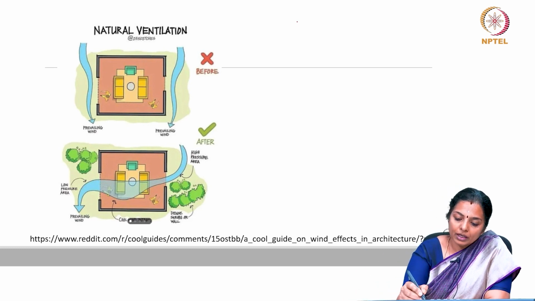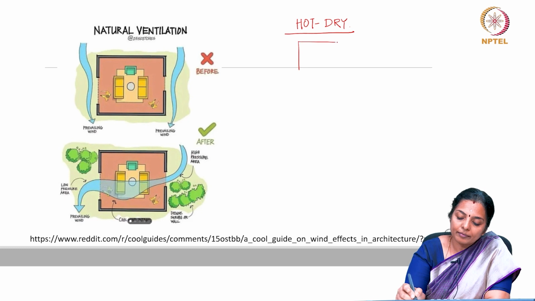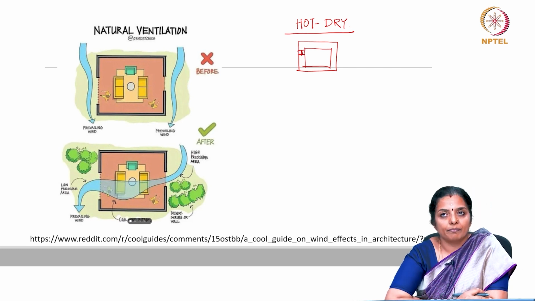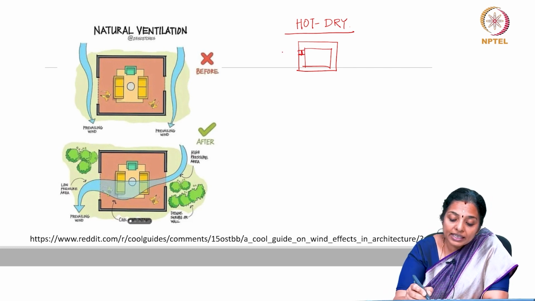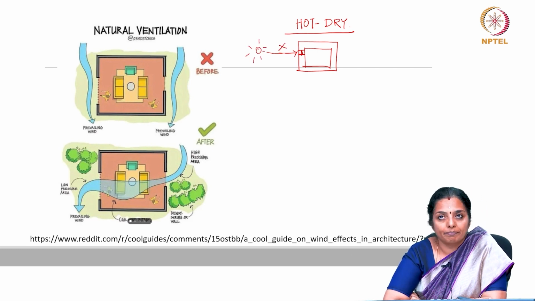So in hot dry climates, one must have very small windows, because we do not want the aggression of heat inside. Already it's a warm place and we do not want heat inside. Smaller openings will allow only daylight, that too sufficient daylight.